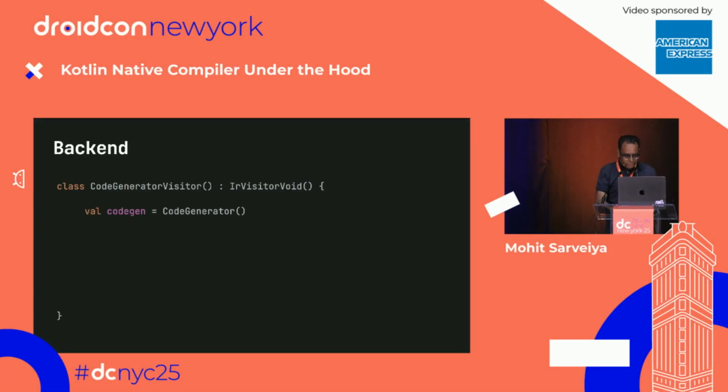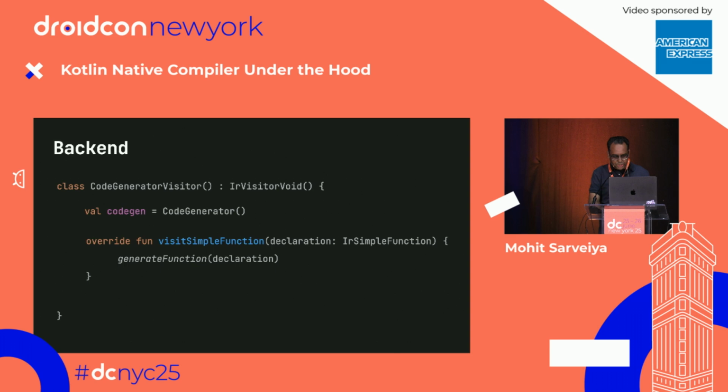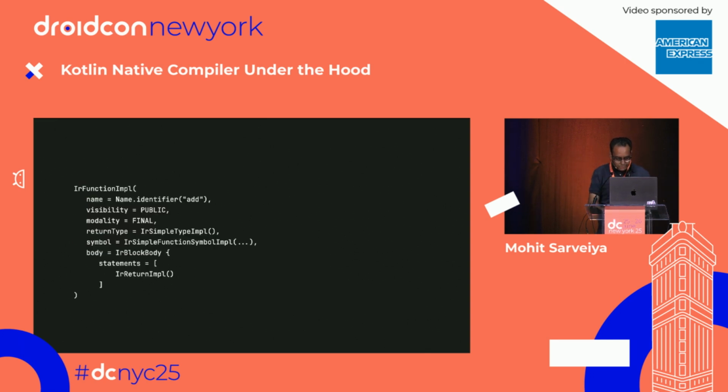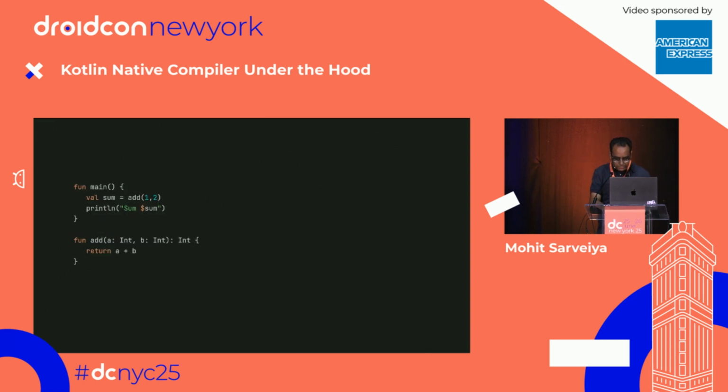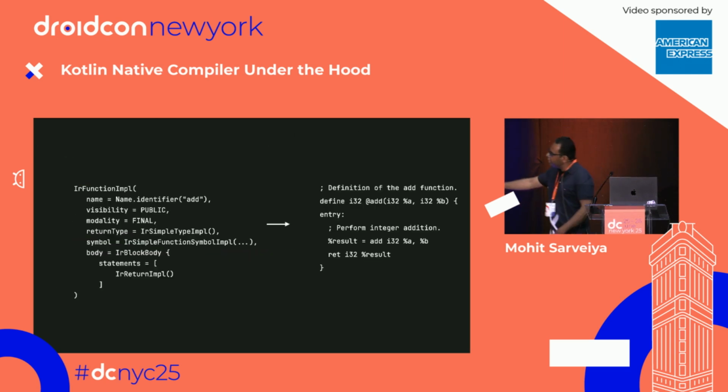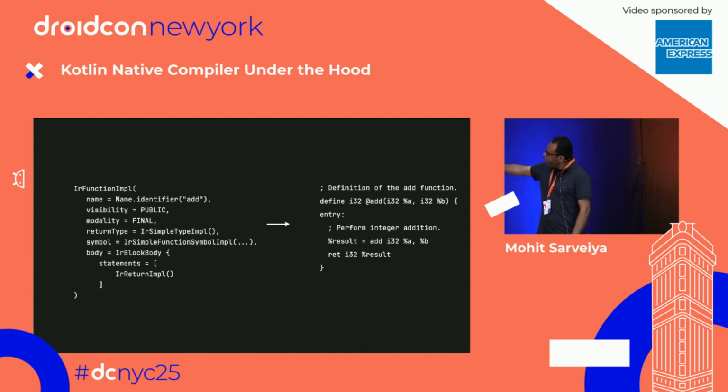And the other thing I want to show you is that, for example, I want to generate some function. I want to generate an LLVM callable, for example. This is the equivalent of an IR function. And it looks like this. Let me give you an example. This right here is the LLVM IR.